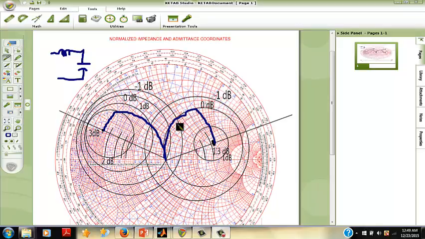Sorry, the matching network for the load is a parallel inductance with a series capacitance.